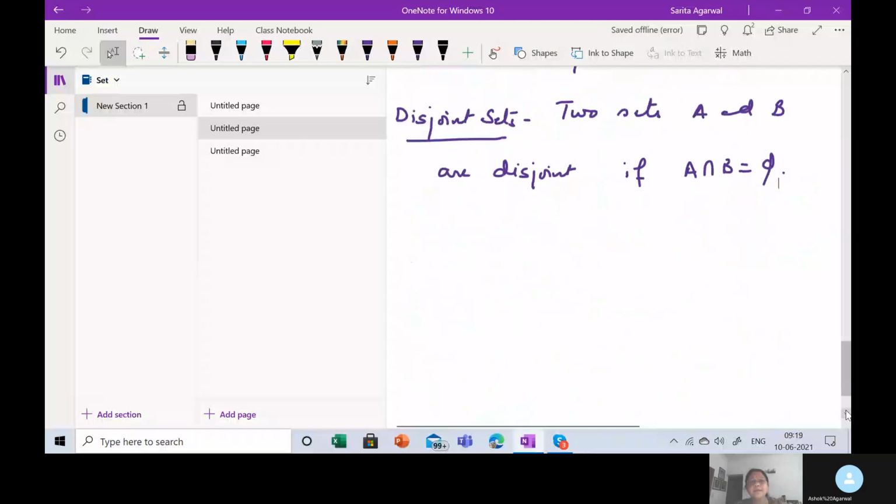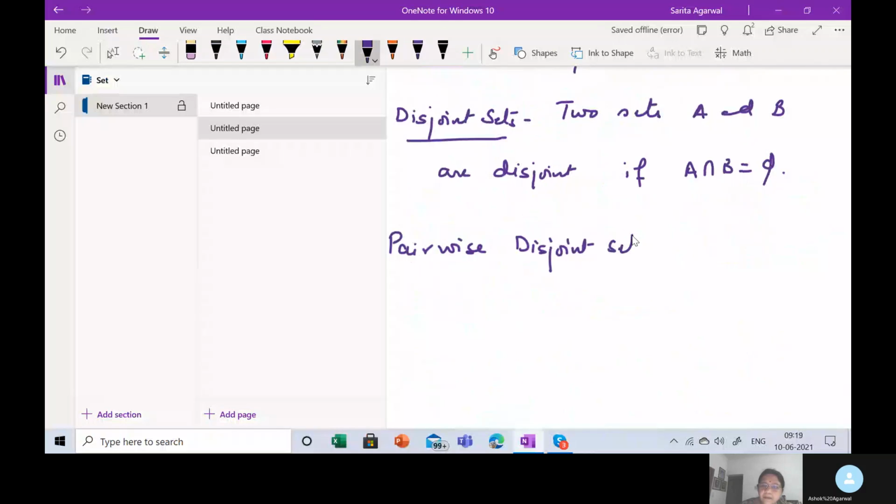Right, now we are coming to the pairwise disjoint sets. Now we have a family. Instead of A and B, we say A1, A2, A3, right?